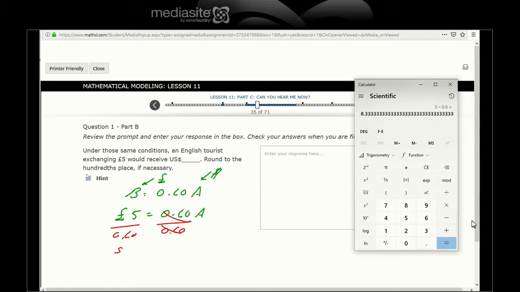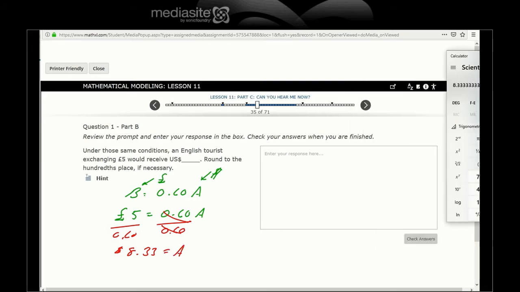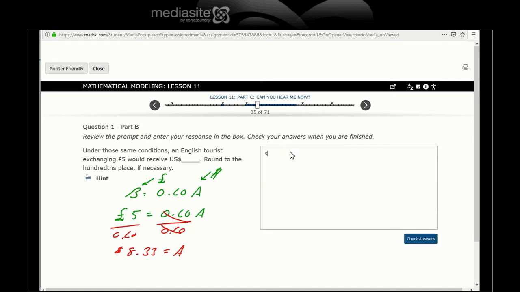So it looks like I should get $8.33 in exchange. $8.33. Yep. Here was the setup. 5 pounds is 0.60 American dollars.